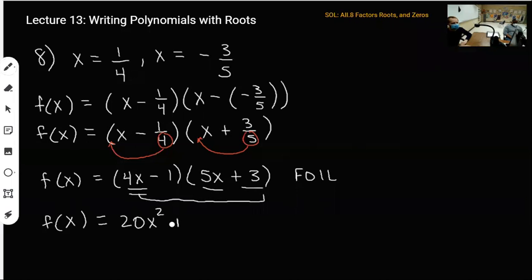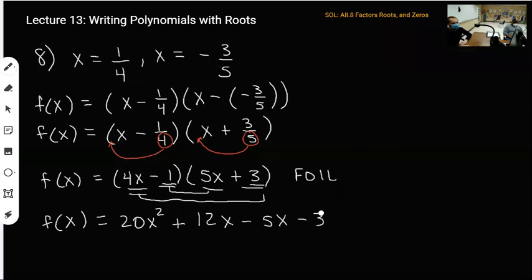That's going to multiply to give me 12x. Now for the inner two terms, -1 times 5x, that's going to give me -5x. And the last two terms are just the numbers. -1 times 3, that's going to be -3.